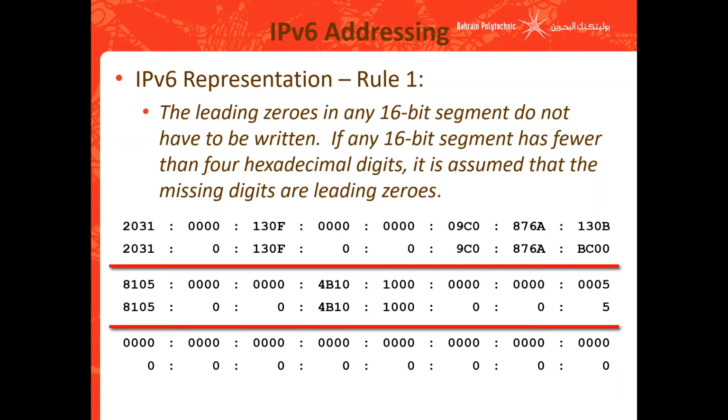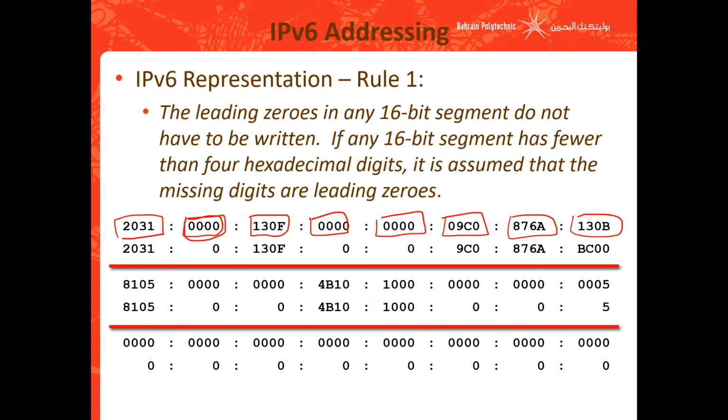And here we have the rules. Like I said, your IPv6 address has 8 hextets. These are your hextets: 1, 2, 3, 4, 5, 6, 7, 8. Now, if you see here, you have all zeros.